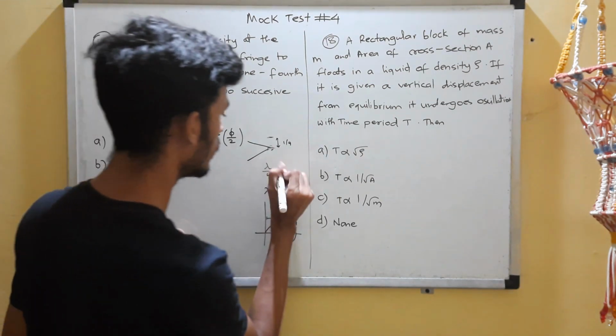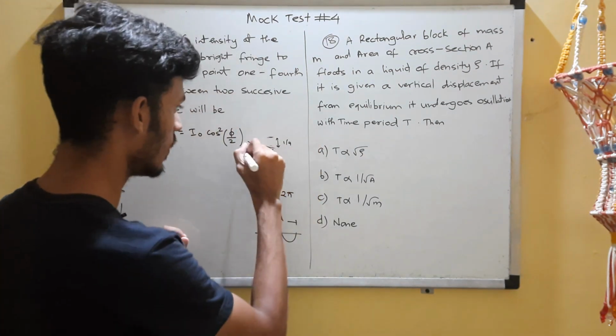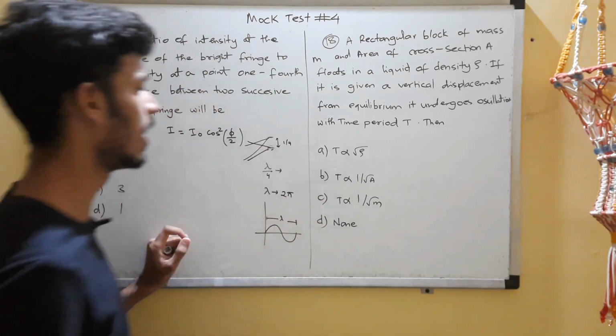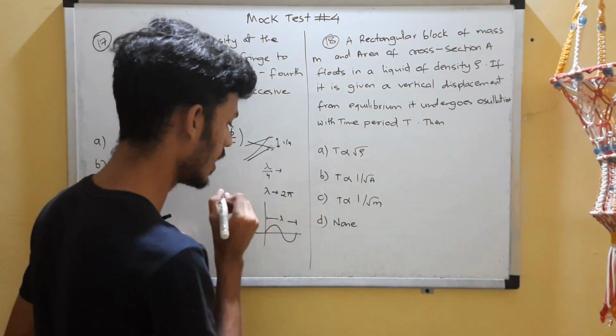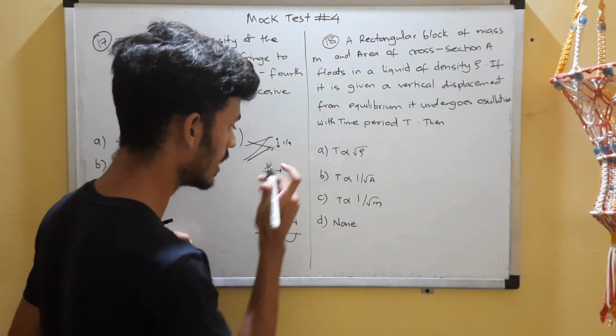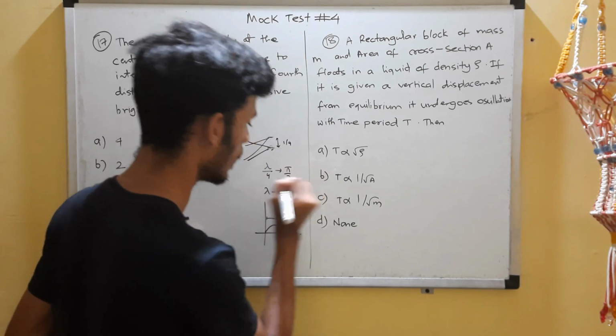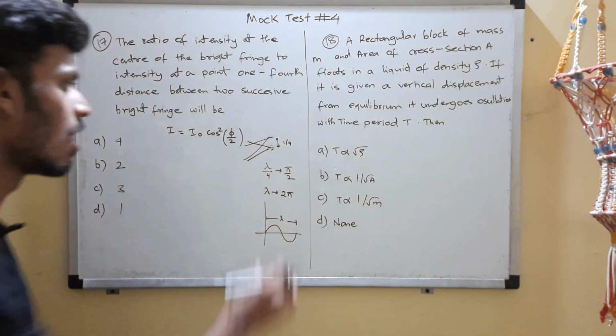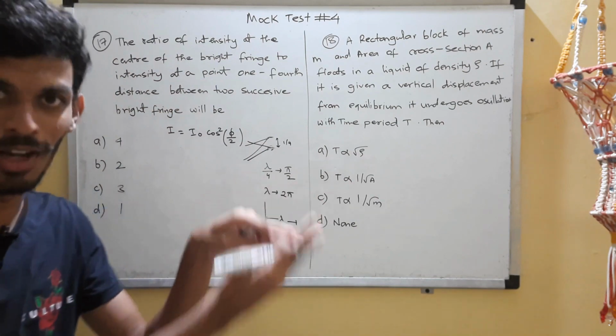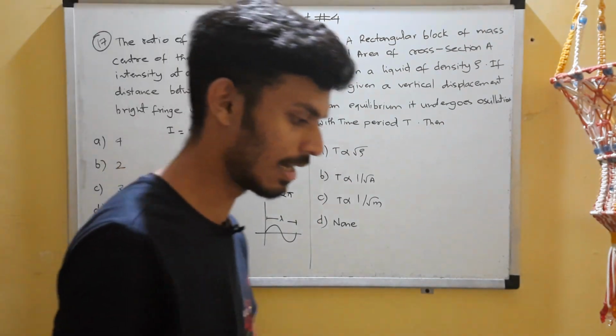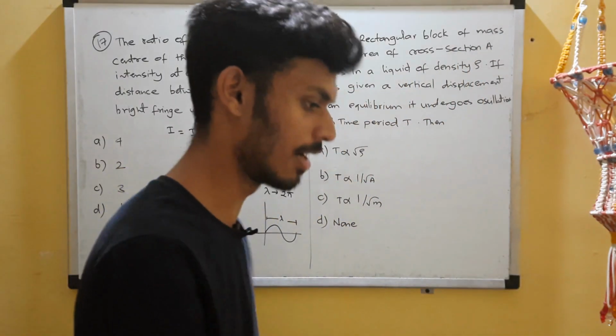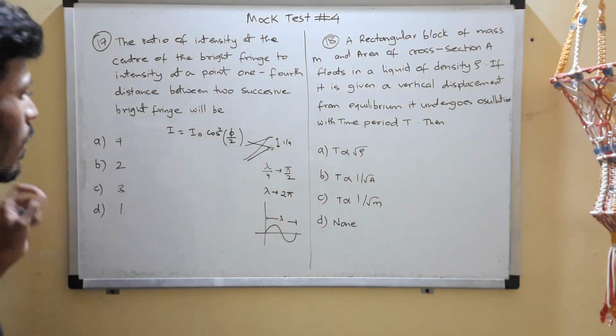So for lambda by 4, which is the path difference between the two rays meeting over here, we'll have to divide this by 4. So it is pi by 2. This is the phase difference for two rays meeting at 1/4 distance from the center of the bright fringe.